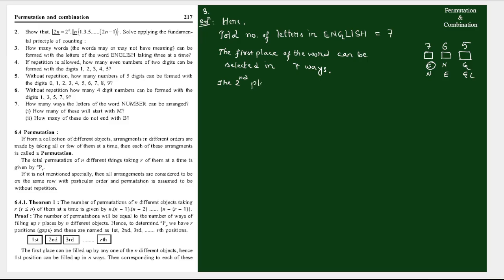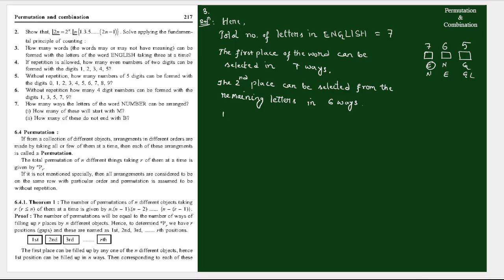The second place can be selected from the remaining letters in how many ways? Six ways.